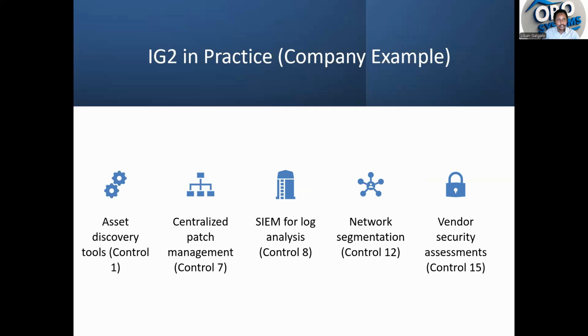IG2 in practice, the company example is they might use asset discovery tools, which is control one, or centralized patch management, which is control seven, or SIEM for log analysis, which is control 8, and network segmentation, which is control 12, and penetration testing and security assessment, which is control 15.